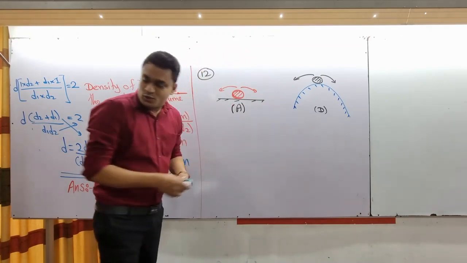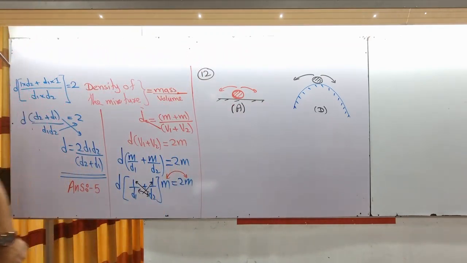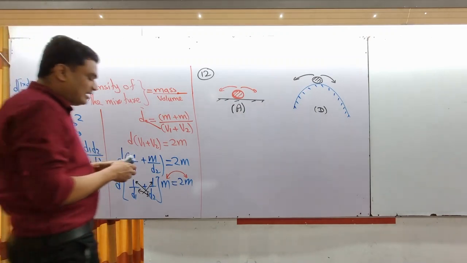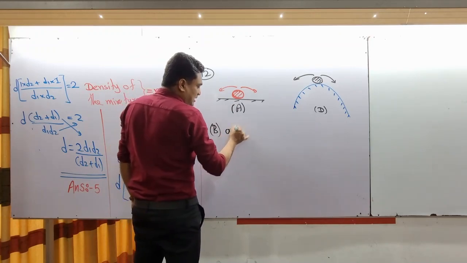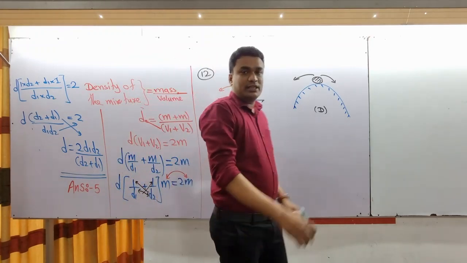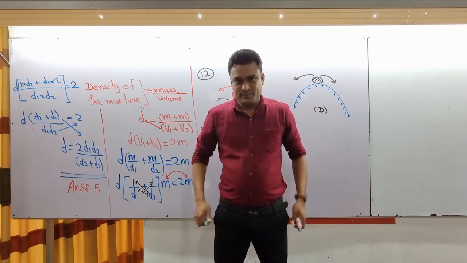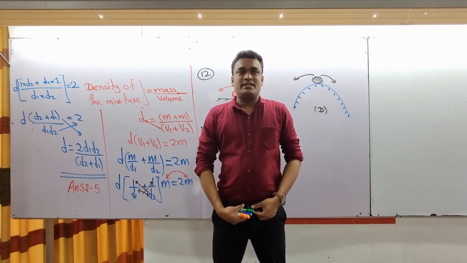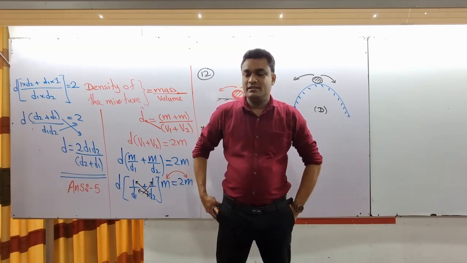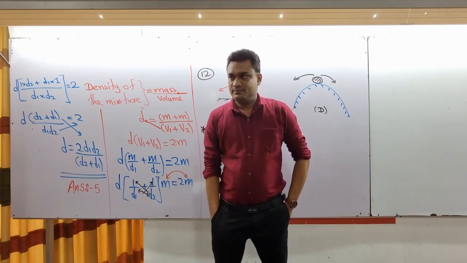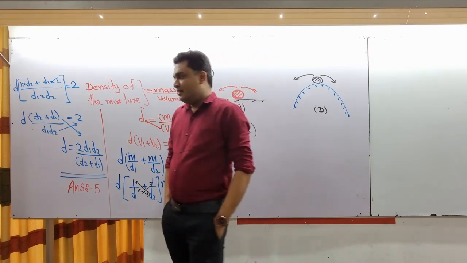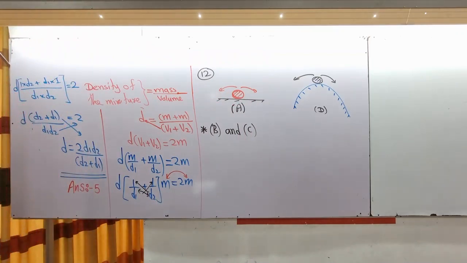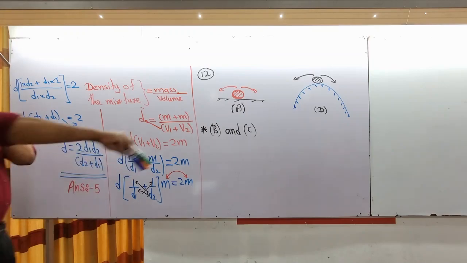Stable equilibrium is shown in figures B and C. Okay, dear?